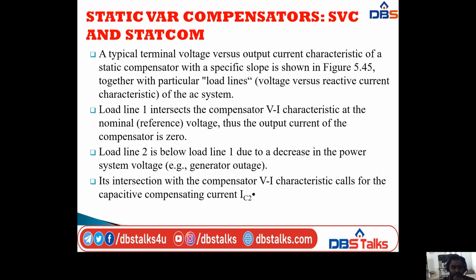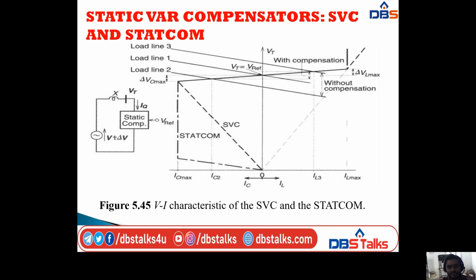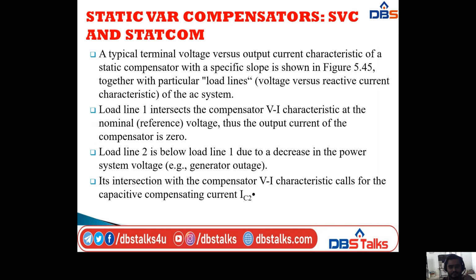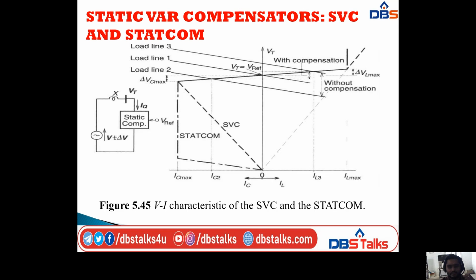Load line 1 intersects the compensator VA characteristic at the nominal voltage, that is Vt equal to V reference, and thus the output current of the compensator is 0.